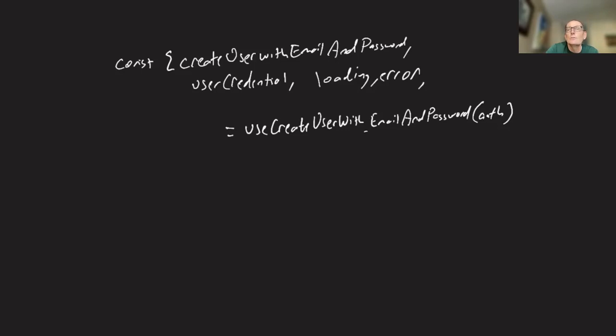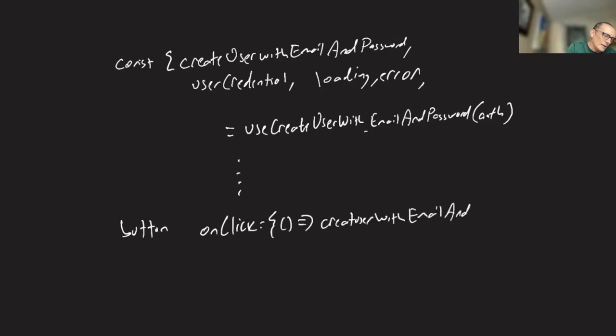Instead, you just use the hook and you know that the component is going to re-render when either an error happens or when the creation succeeds. Later on, of course, again, you'll have a button and the on click is going to call create user with email and password.